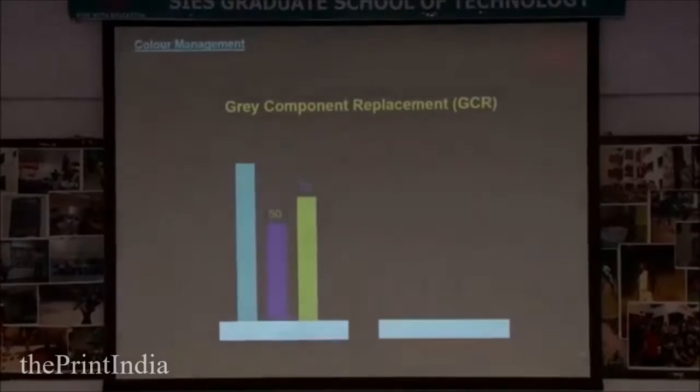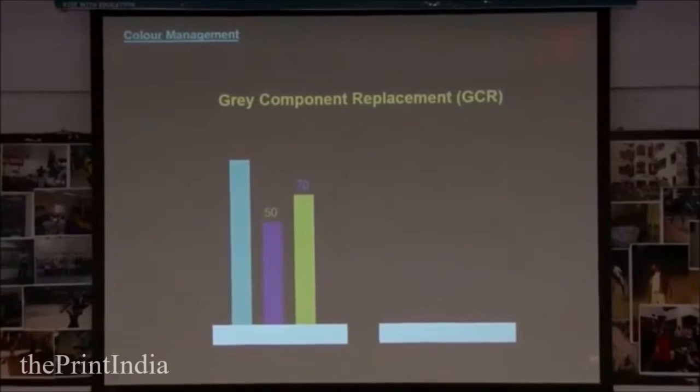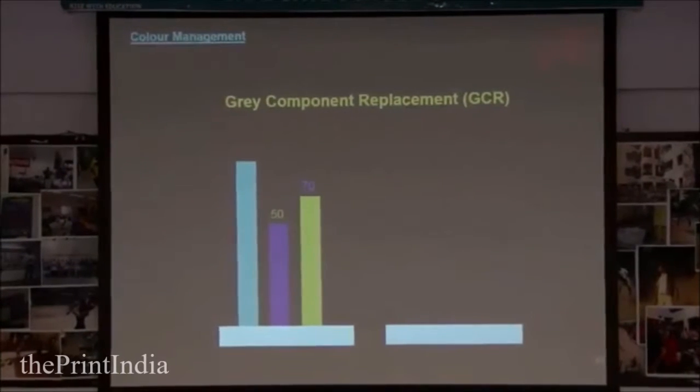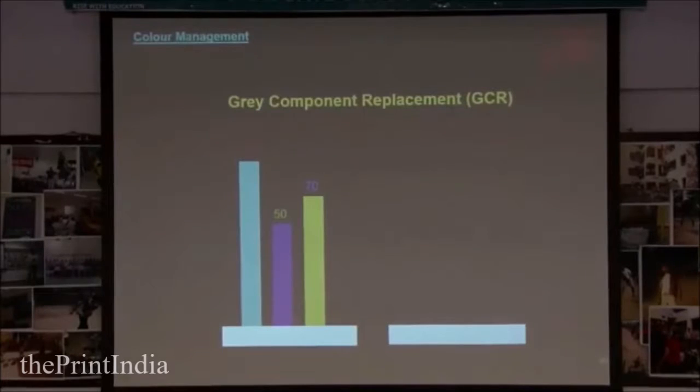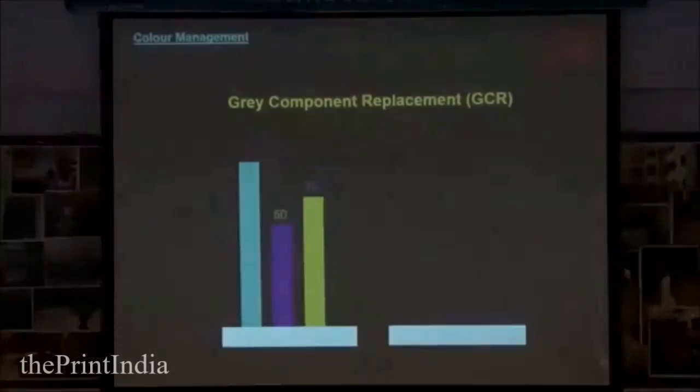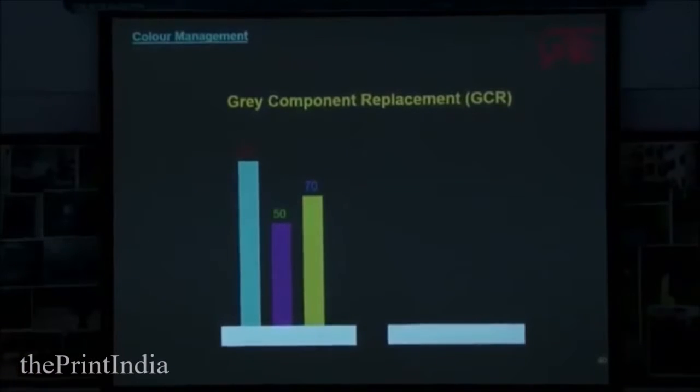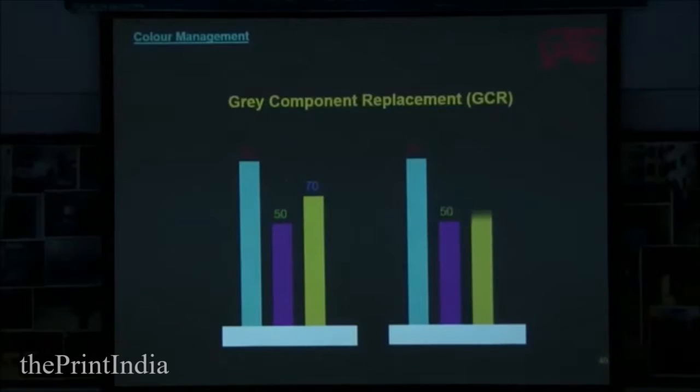So it's like this. You have a particular area where there is 90% cyan, 50% magenta, and 70% yellow. It happens in all, I'm just giving one example. The actual color you are getting is only from the excess color, where 90% cyan and 70% yellow are, above 50%.